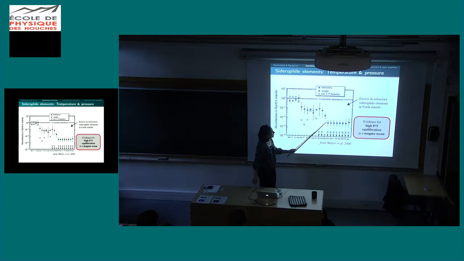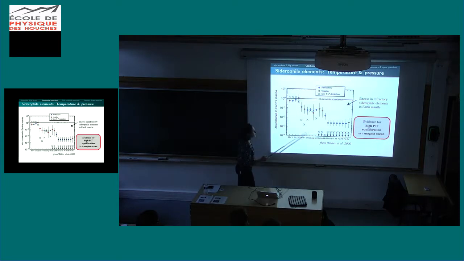The blue dots are the composition in the Earth's mantle, and the crosses are the composition you would get if the core and the mantle equilibrated at low pressure, low temperature. And what you see is that for many of those elements, you have more siderophile elements in the mantle than what you would get at equilibrium at low pressure, low temperature. That's what we call the excess of siderophile elements in the Earth's mantle.